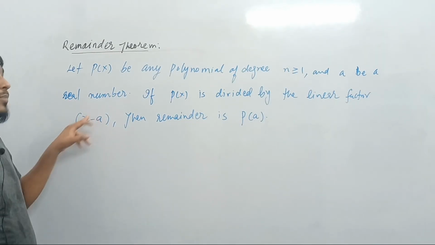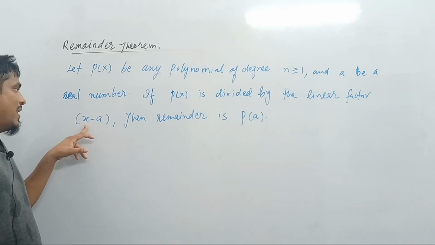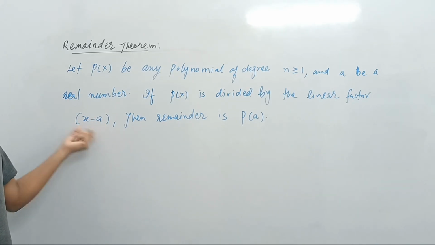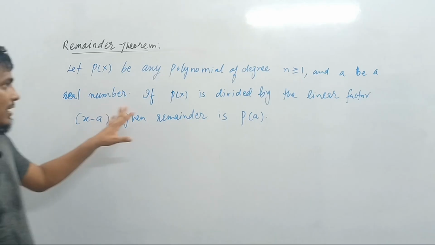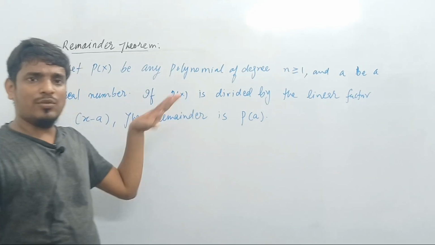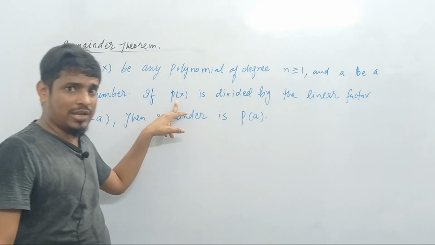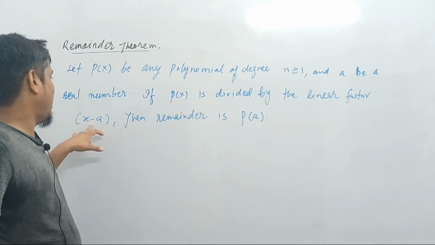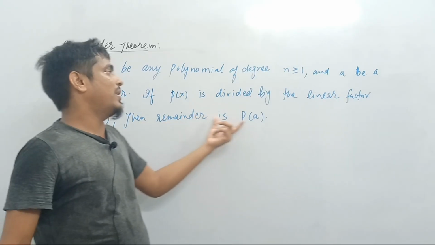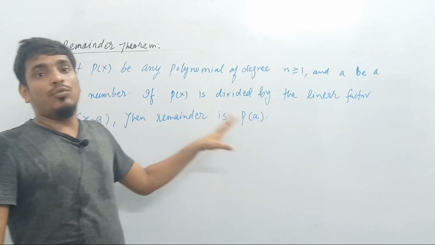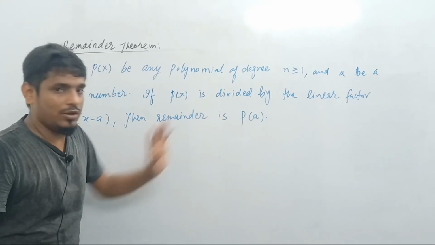Linear in the variable x. The power of the variable x is 1. That's why this expression we call linear. So if we are dividing any polynomial, of any degree and whatever real coefficients, by x minus a, then we can find the remainder is equal to the value of the polynomial at x equal to a.